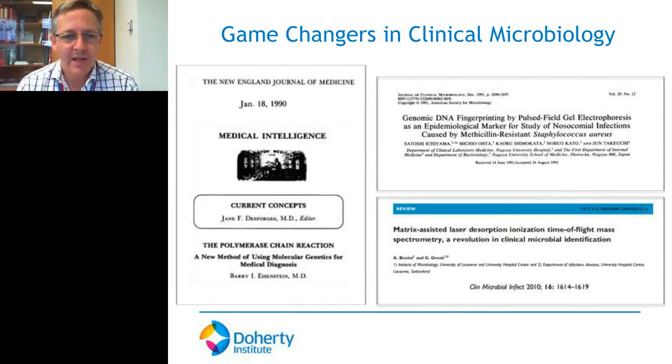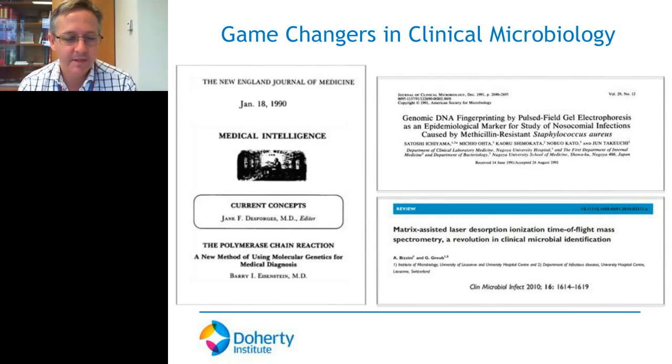If you think about what the game changers have been in public health or clinical microbiology over the last couple of decades, there's really two main ones. That of the development of the PCR reaction, which was in the 1980s and 1990s, and also the use of typing methods such as pulsed-field gel electrophoresis, and more recently the development of MALDI-TOF related diagnostics.